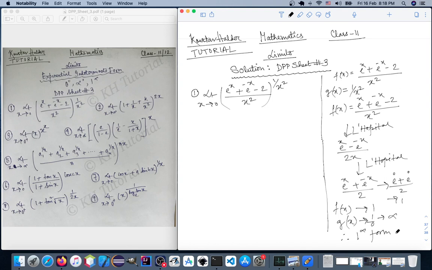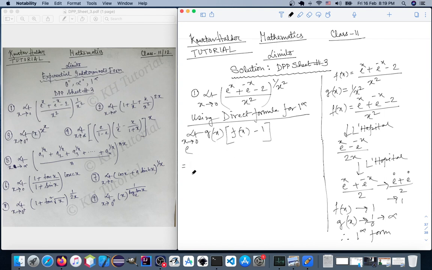To solve, as we have discussed in the previous video, we can use the direct formula for the 1 to the power infinity form. So using the direct formula for 1 to the power infinity, the answer will be e to the power limit x tends to 0 of g(x) times (f(x) minus 1).